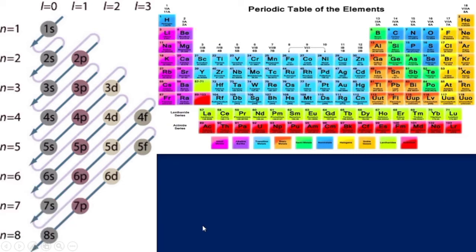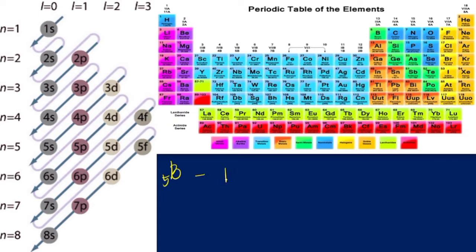Okay, another example. We will use the example in this portion here. So we have boron in here. Boron has 5 electrons.